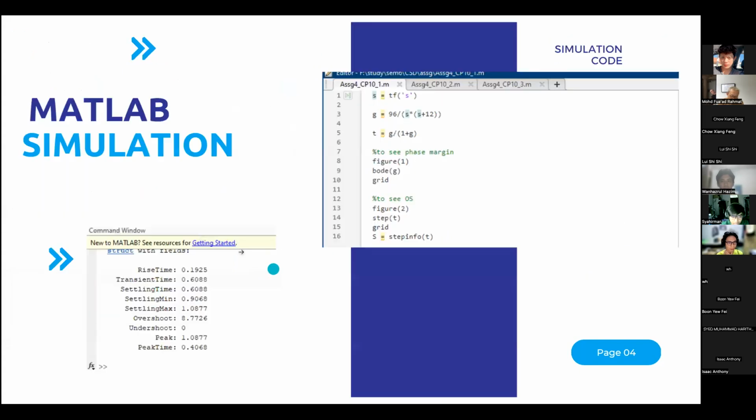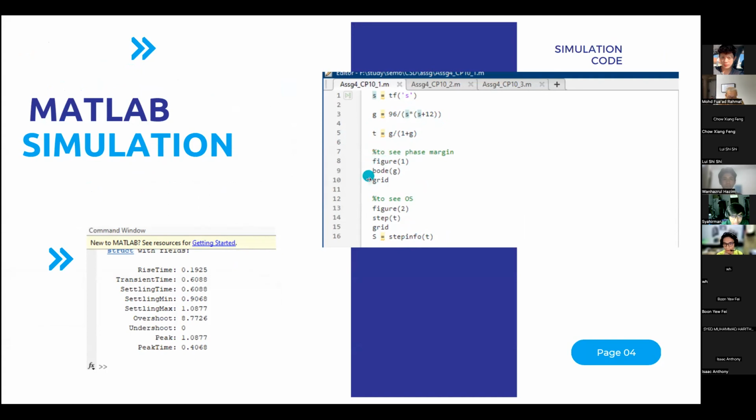And for the MATLAB simulation, this is the coding for question 1. This is the open loop transfer function, and this is the closed loop.